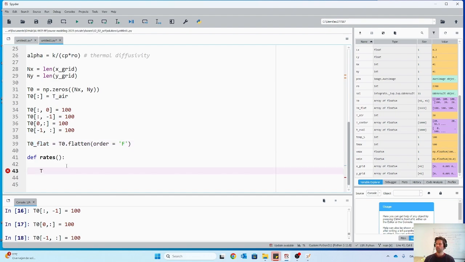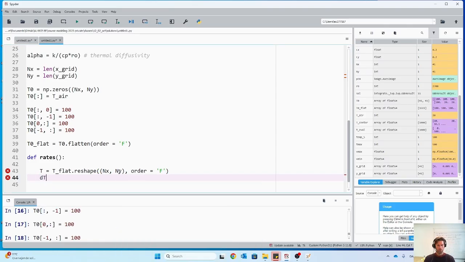And because we don't want to work with a 1D array when we actually have a 2D problem, we will make the state variables a 2D array from the flat array. We can do this with the reshape function. And the shape of the 2D array should, of course, be the length of the x dimension and the y dimension. And again, we have to use the argument order equals false to do that.